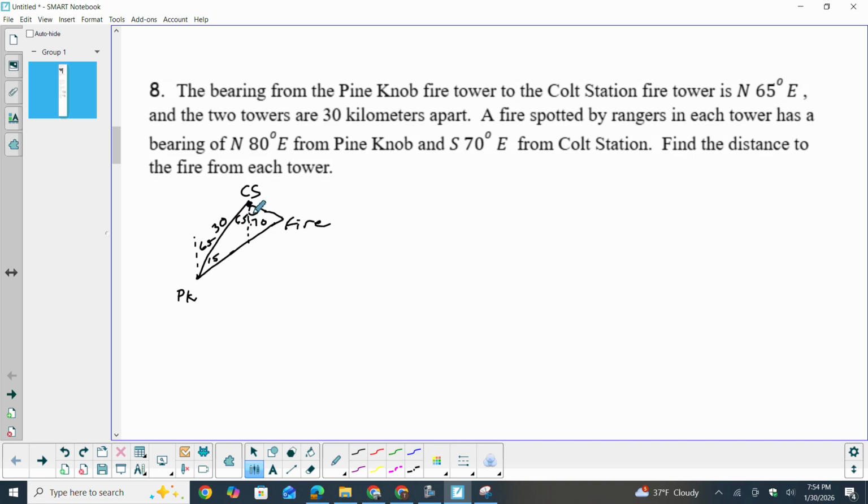So this is 135. 135 plus 15 gives me 150. That makes this angle over here 180 minus that, or 30 degrees. I'm going to erase this right here so I can put in the 130.